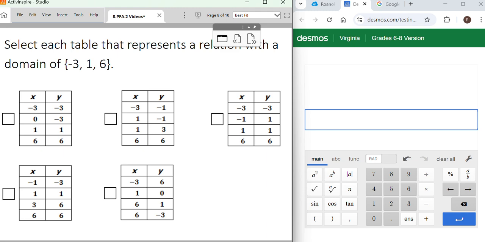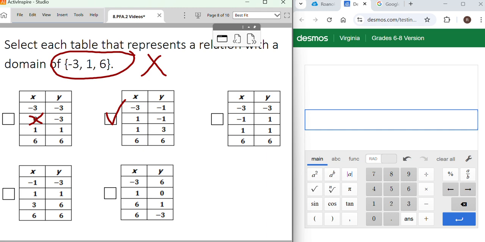This says select each table that represents a relation with a domain of -3, 1, and 6. So those are X values, correct? We can't have anything more than that, and we can't be missing any. So in this first box, it also has a 0, so that means it is not a choice. The next one has a -3, 2 1s, and a 6, so that does have that domain.